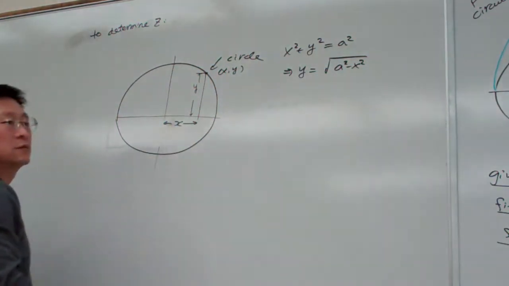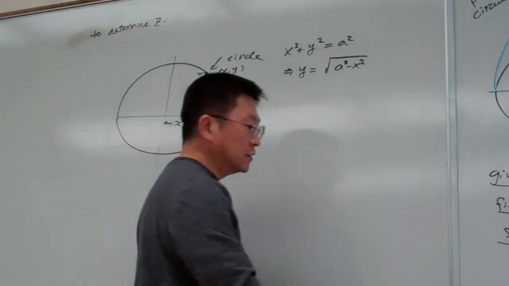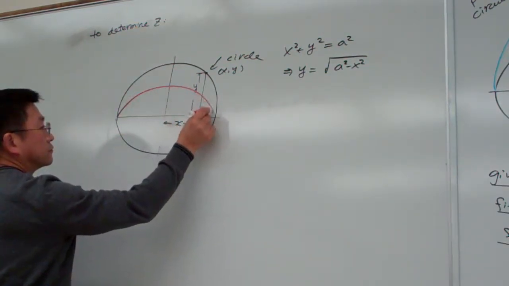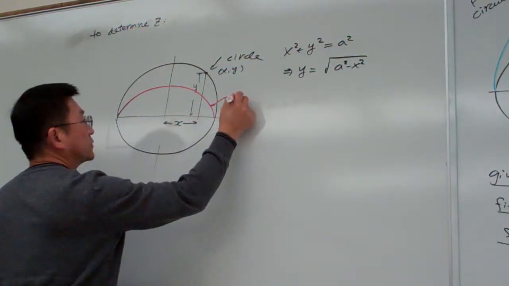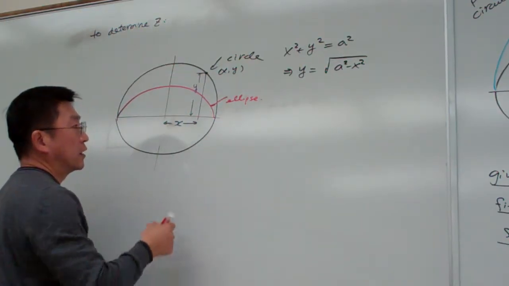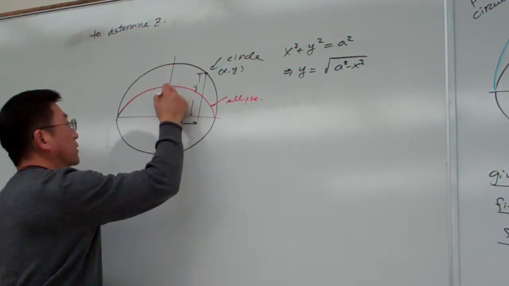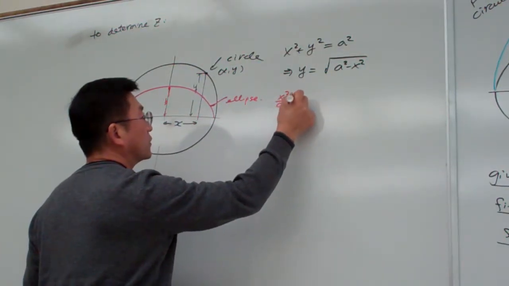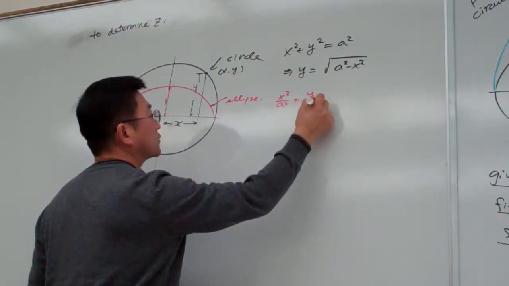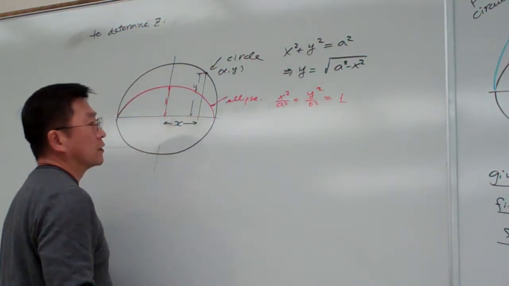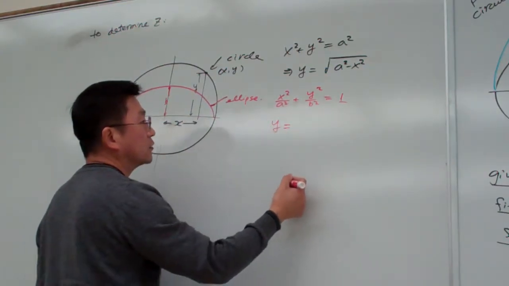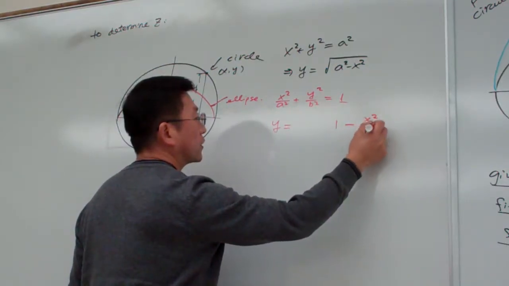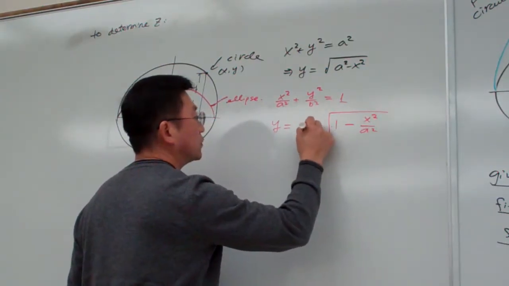on a circle. And corresponding to the circle, we consider an ellipse. So this is the ellipse. For the ellipse in this case, say this distance is b. We have the equation x squared over a squared plus y squared over b squared equals 1. So here we can say y equals the square root of 1 minus x squared over a squared, times b.